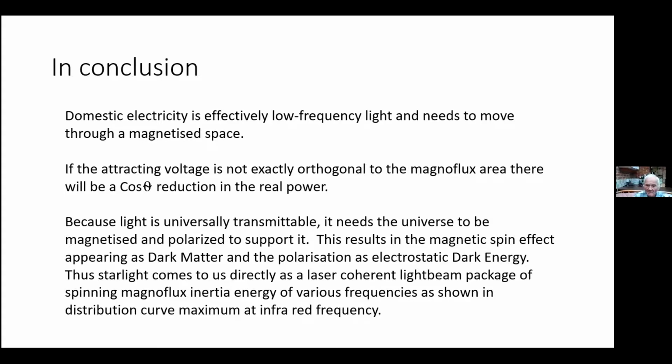This results in the magnetic spin effect appearing as dark matter and the polarization as electrostatic dark energy. Thus, some starlight comes to us directly as a laser coherent light beam package of spinning Magnoflux inertia energy of various frequencies, as shown in the distribution curve of infrared, of which infrared is the maximum.